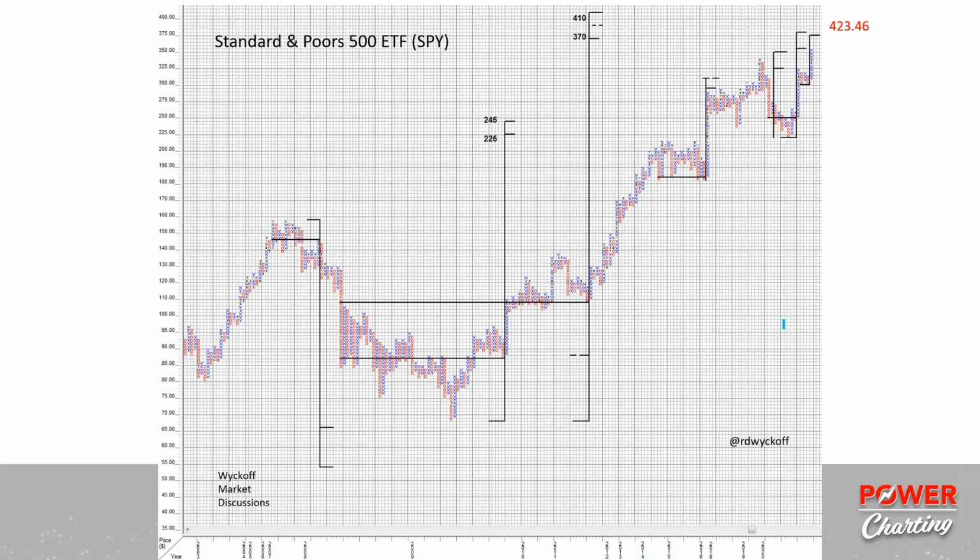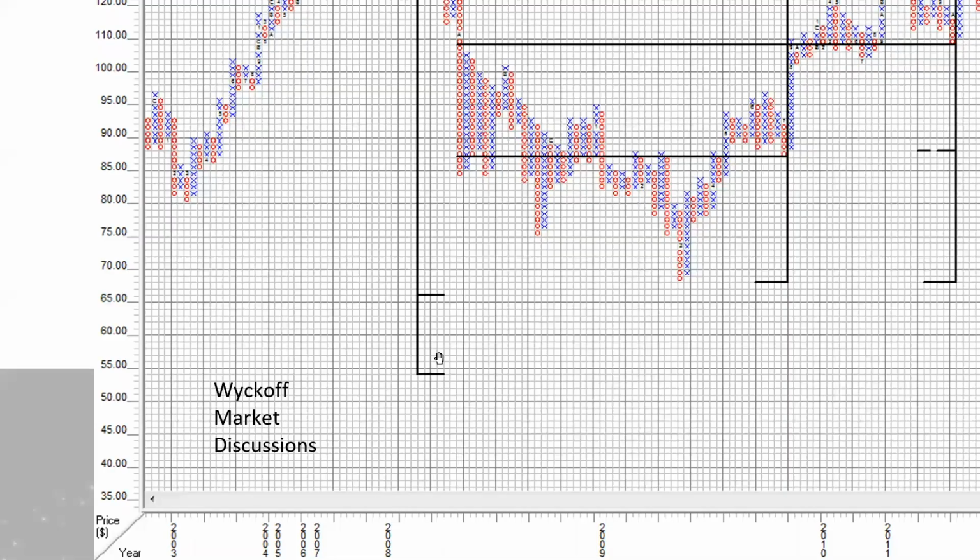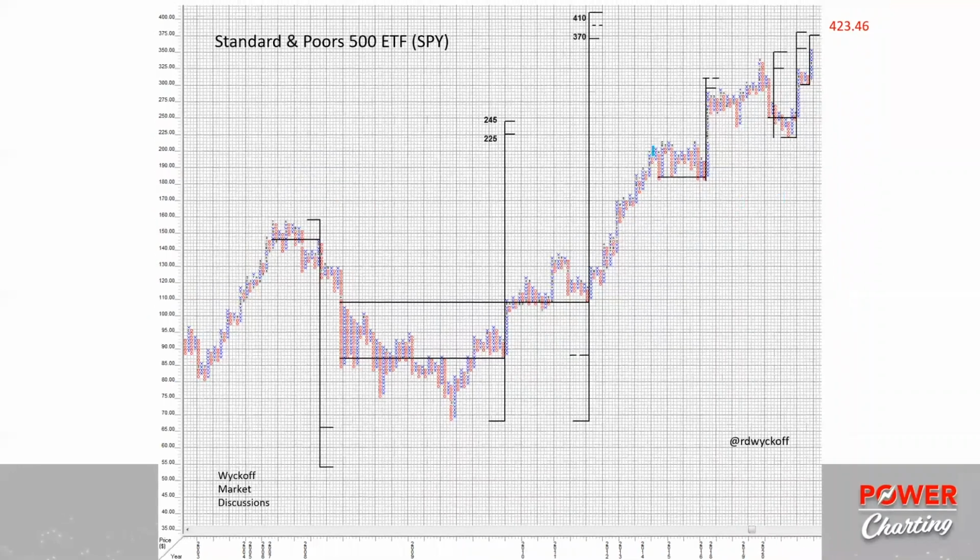This is the Standard & Poor's 500 ETF, SPY. Let's blow this up so that you can see. This is the accumulation structure of the bull market that started in 2009. So this substantial count from early 2008 to 2009 went up to 246, 245, 225.